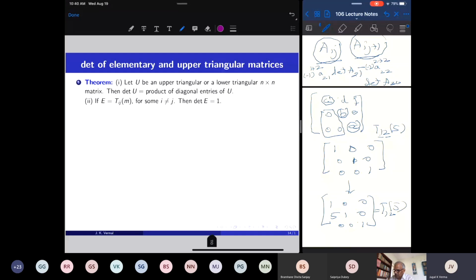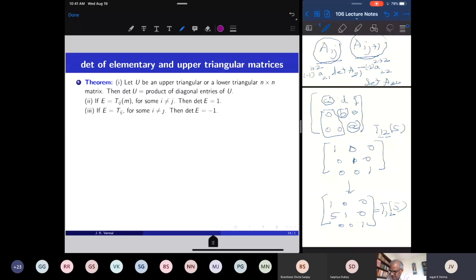So look at Tij of m. This is the elementary matrix where we have the ji entry as m, and other entries are like in the identity matrix, and i is not equal to j. Then determinant of such a matrix is 1.